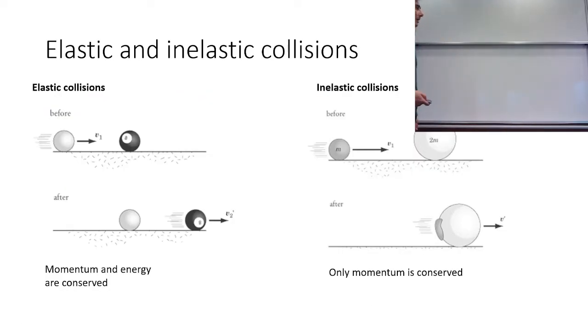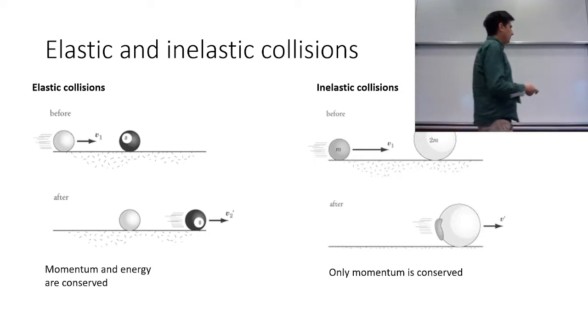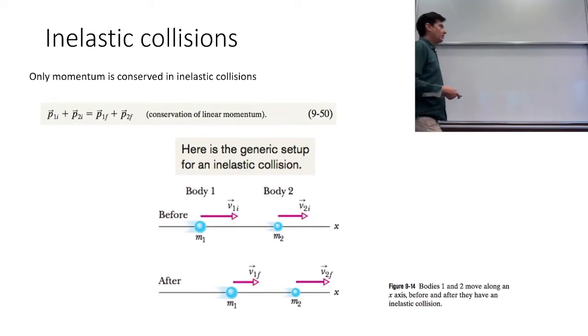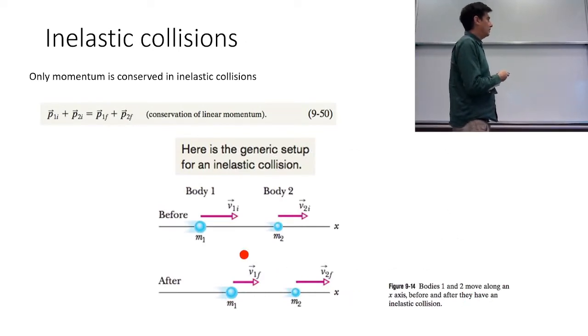We started doing elastic and inelastic collisions. This basically means when either kinetic energy is conserved or it's not conserved. So in inelastic collisions, only momentum is conserved. So in such collisions, you just use your conservation of momentum.